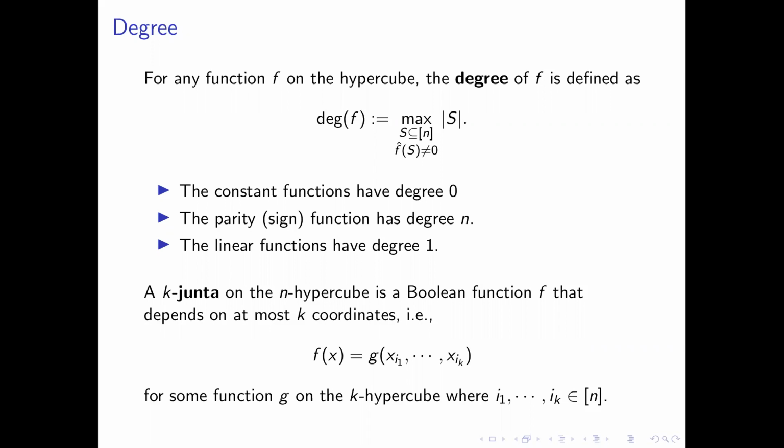A junta is a generalization of a dictatorship, where the function is determined by a few individuals. Sometimes when k equals 1, folks in computer science will call this a dictator.